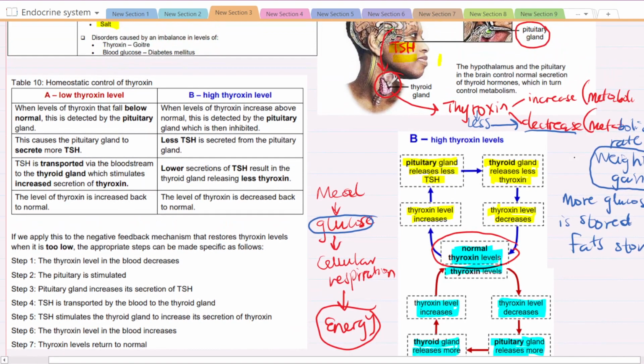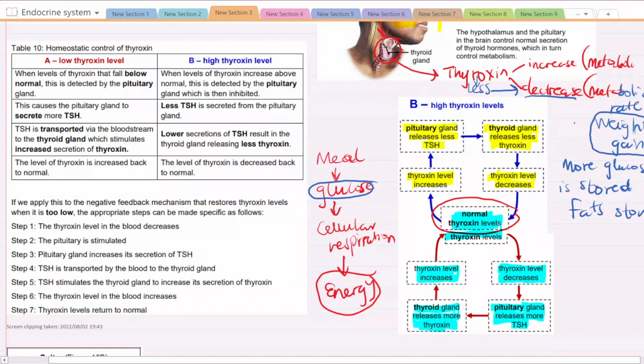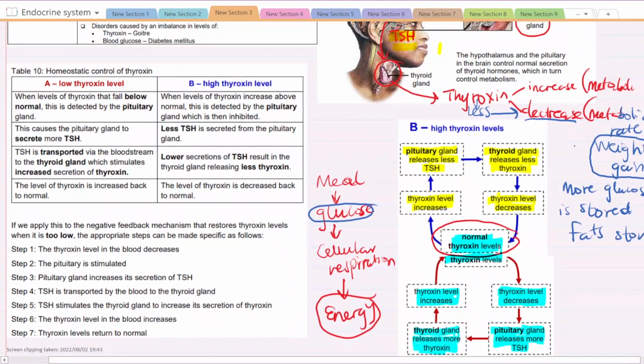So pay close attention to that. Just know that these are the narrow limits. Your body tries to keep thyroxine hormone at its normal level, so that you do not lose more or you do not gain more weight.